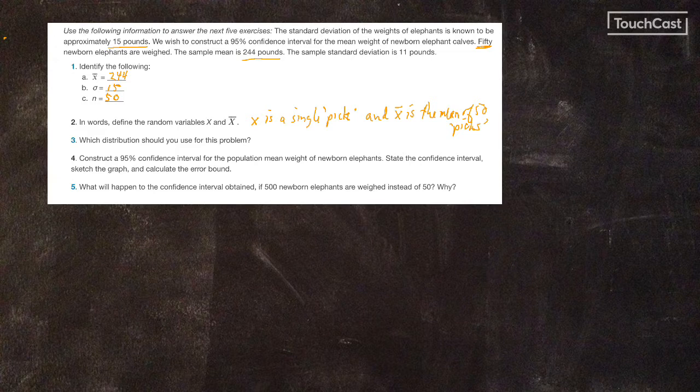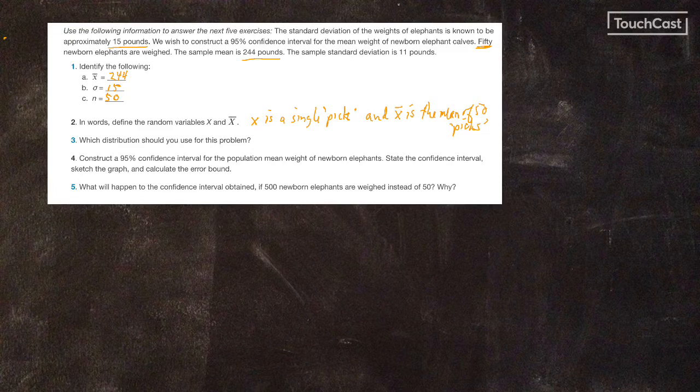So which distribution should we use for this problem? One thing that we haven't talked about in too much detail, but we have covered via the law of large numbers and the central limit theorem, is that the more samples we take, the closer we're going to get to our mean, and also the more normal the sampling distribution of the mean is going to be.